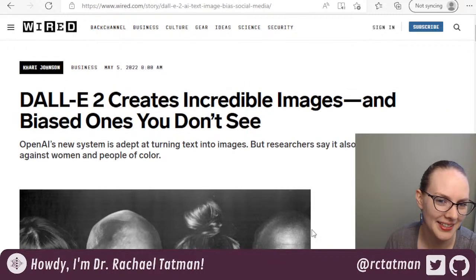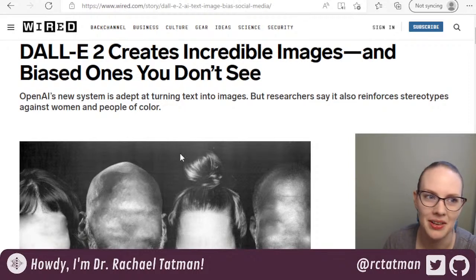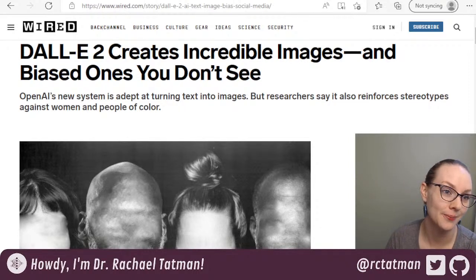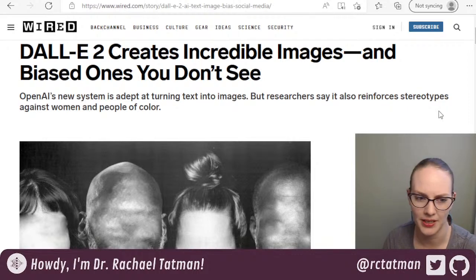And it reinforces stereotypes, no surprise there. It's a language model that makes images, basically. That's undersimplifying the technology, but it is not undersimplifying the import.